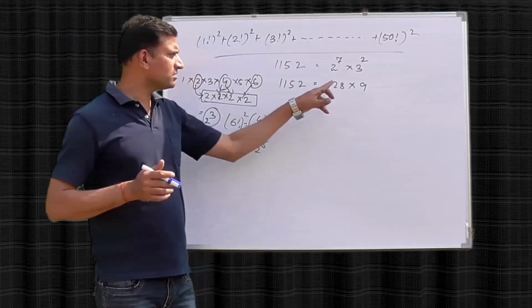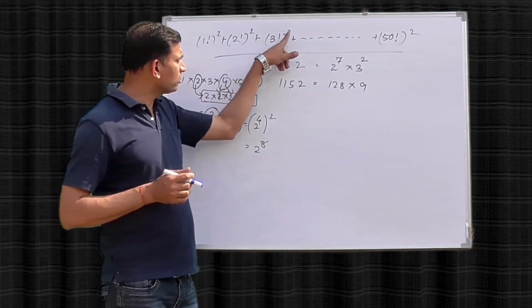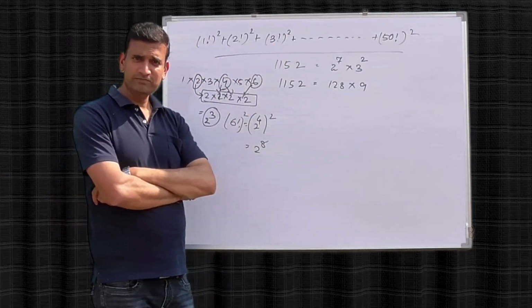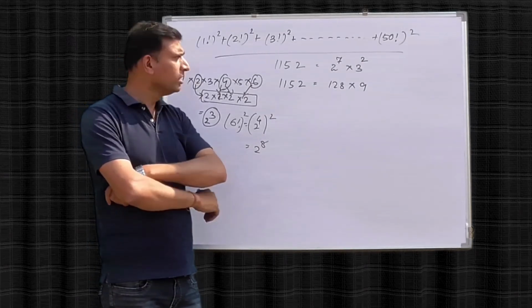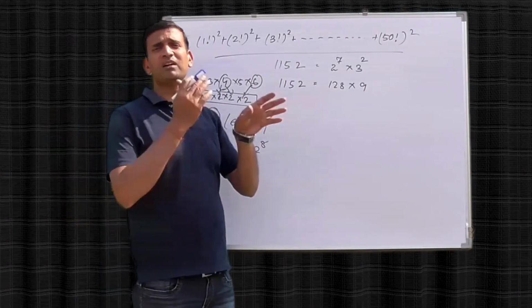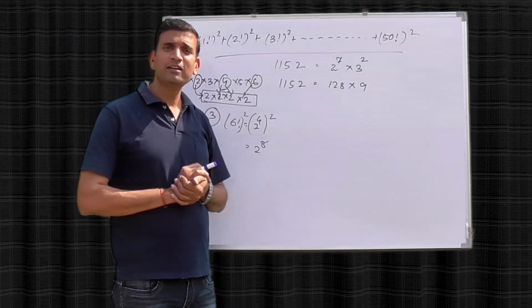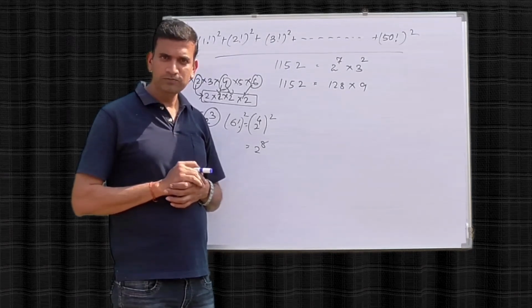Now, in case of 3 square, 3 factorial has one number of 3, and square means we are getting 2. So every number from 3 factorial square onwards is completely divisible by 3 to the power 2.